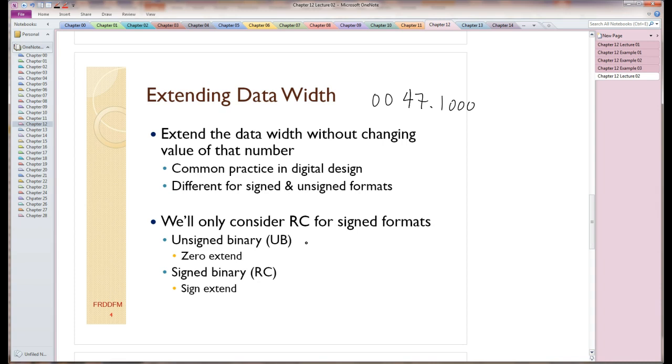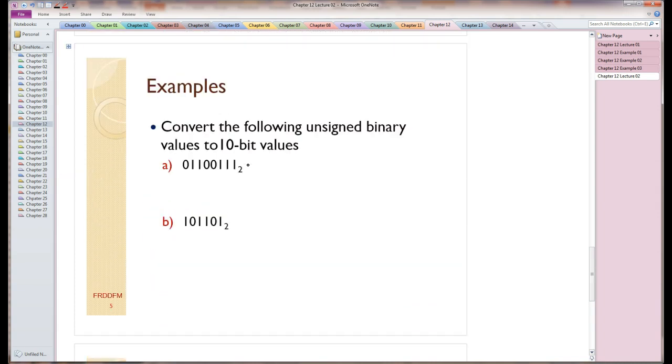So I'm only going to talk about unsigned binary and signed binary. The idea here is for unsigned binary, it's just normal stuff. You just add a bunch of zeros, which I call zero extend here. But for signed binary radix complement form, it needs to be sign extended, which is a little bit different. What I need to do is convert these two unsigned binary values to 10-bit numbers. So this one is 1, 1, 1, 0, 0, that's 5, 6, 7, 8.